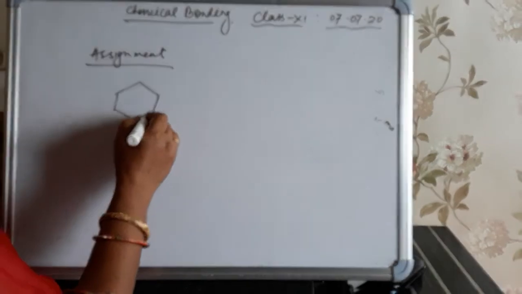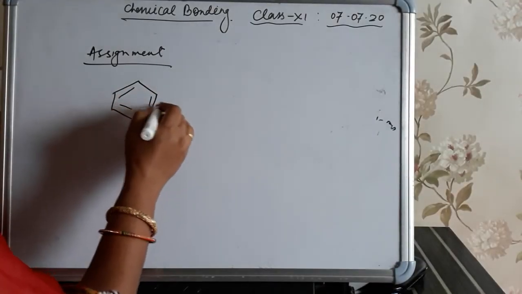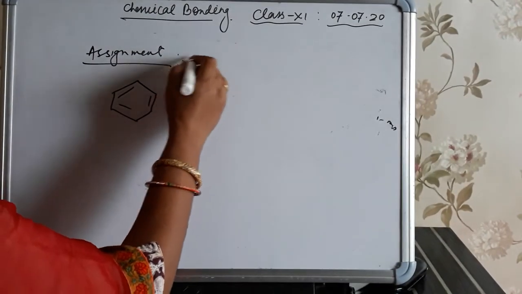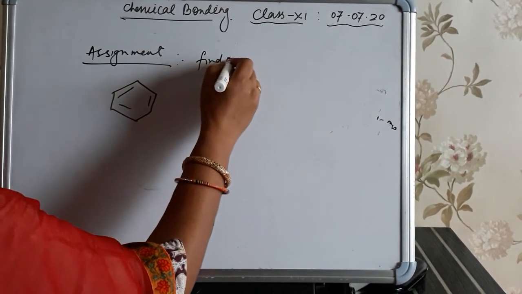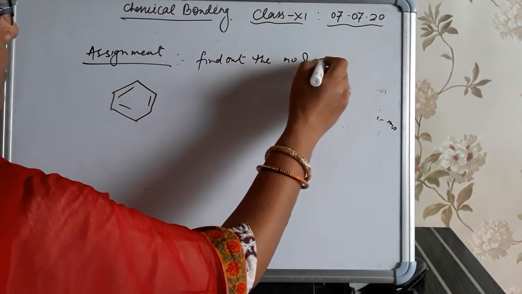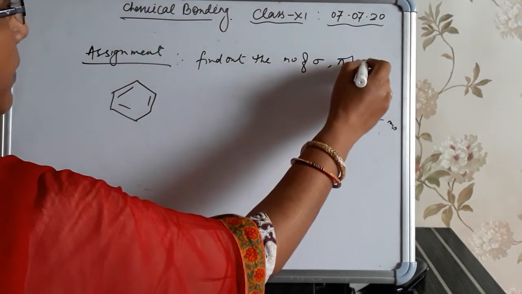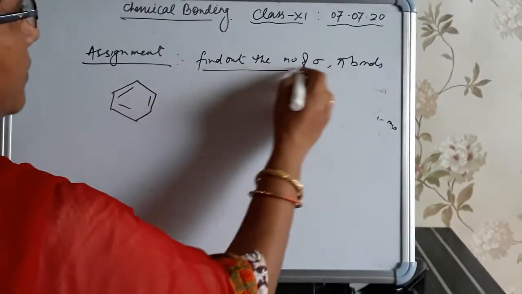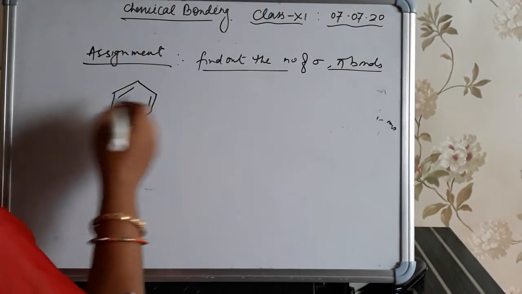This is the structure of benzene. Find out the number of sigma and pi bonds in the given molecules.